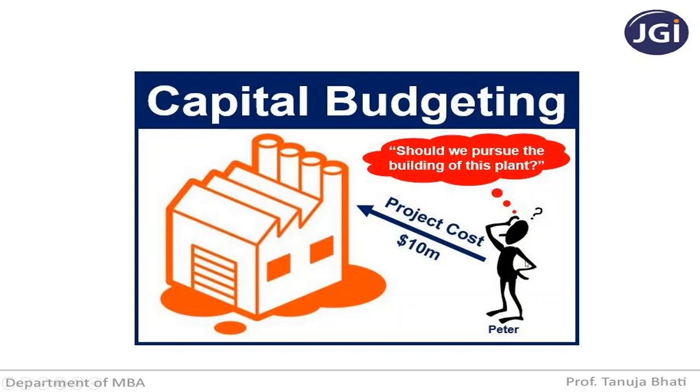So the firm has to think whether by investing in this project it is going to be beneficial or profitable to the firm. Such a decision process is termed as capital budgeting.